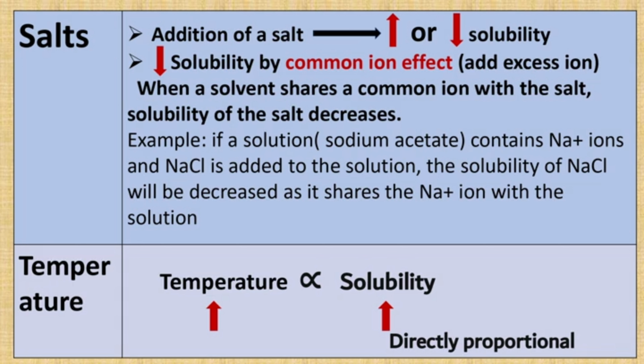Example: if a sodium acetate solution already contains sodium ions and we add more sodium chloride, what will happen? The solubility of the sodium chloride will decrease because it shares the sodium ions with the solution. That is the main point.